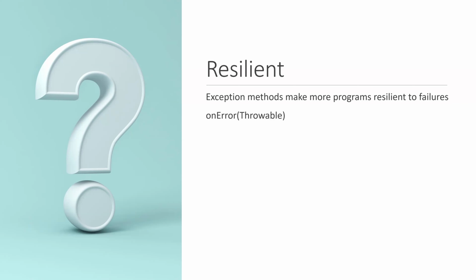Like maybe I am calculating prime numbers or doing some factorization, and I run into a not-a-number error. I want to throw that out and say, hey, I found something in here that was not a number, so we've got an issue. So resiliency, it does provide for onError, so it does a good job with the mapping, but you have to use it. Okay.